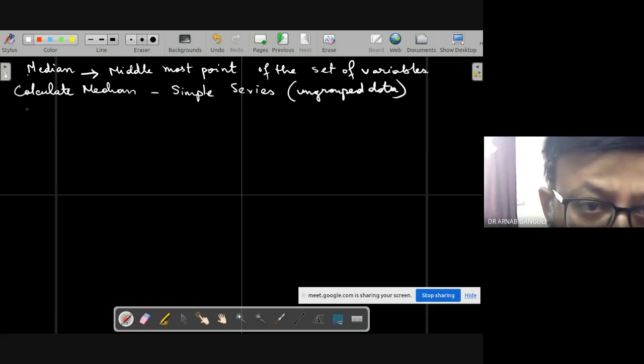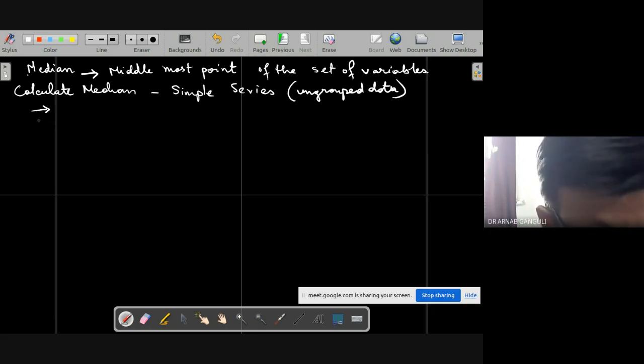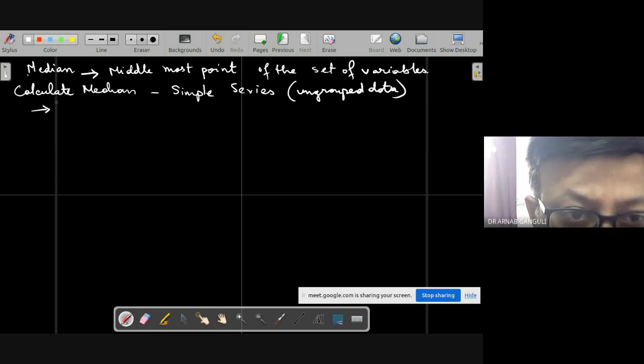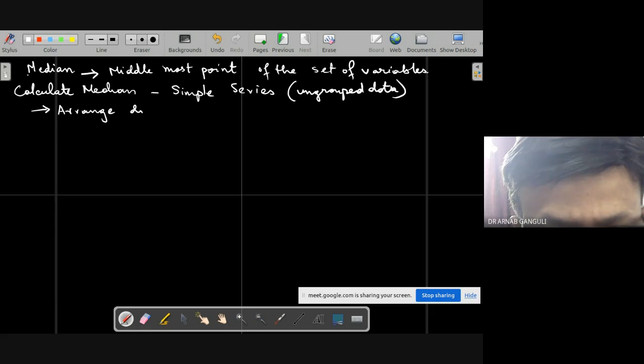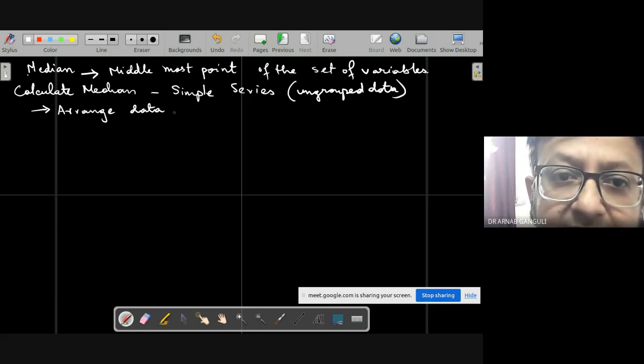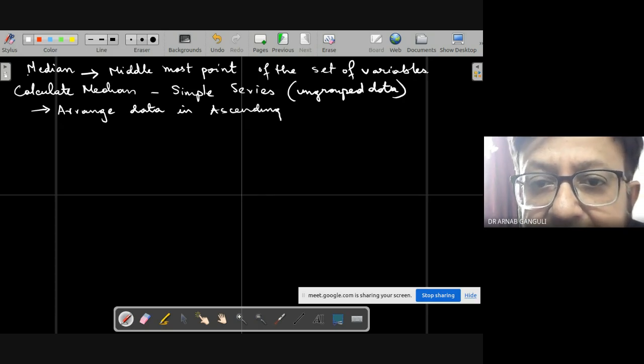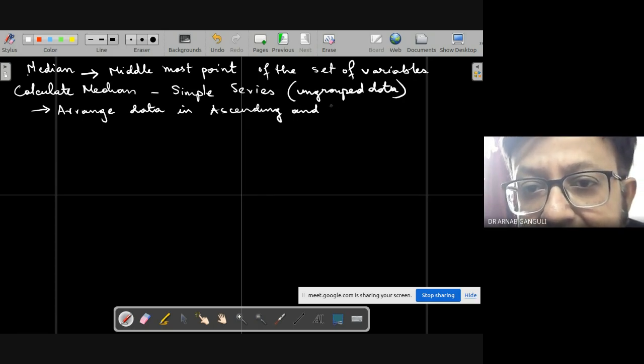So the first thing you have to do is, you have got a lot of ungrouped data. You have to arrange the data in either ascending or descending order. That is the first thing you do.